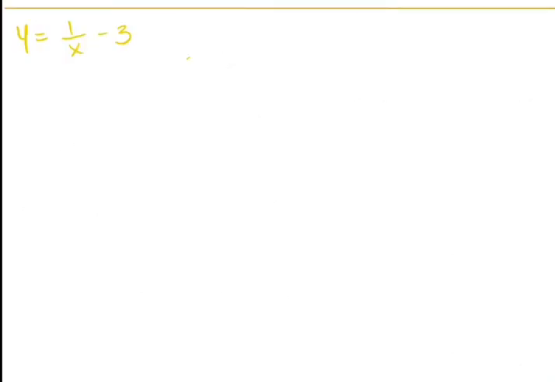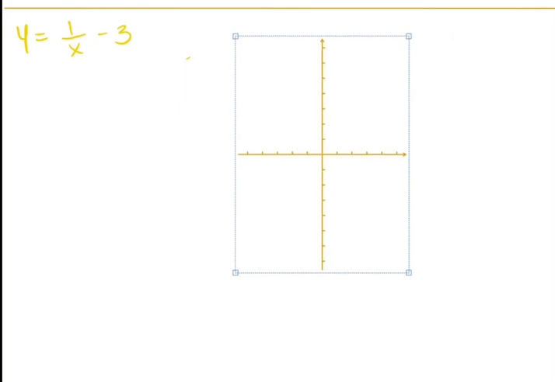Okay, so if we're asked to graph y equals 1 over x, subtract 3, the first step is we're going to graph this as a linear function. So we're going to graph a line.